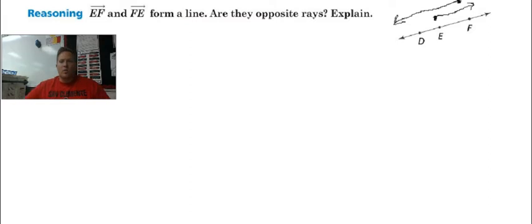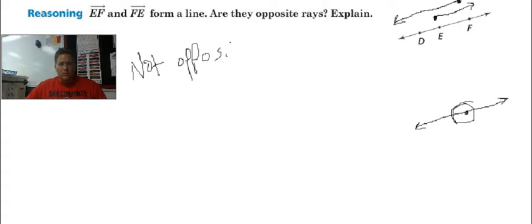No, they're not. Remember, opposite rays look something like this, where we have one ray that goes right here, the other ray goes right here, and they share a common point right there. So if we were to explain this, we would say, not opposite rays. Why?